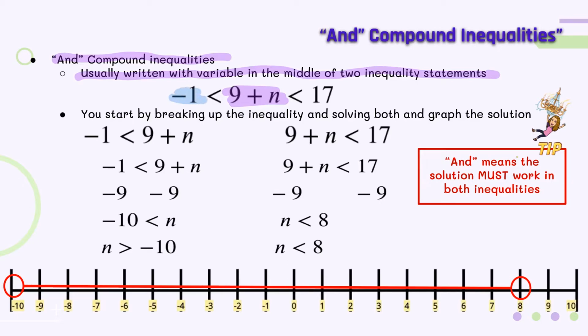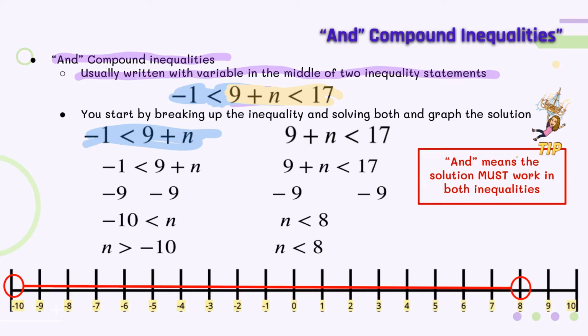On this side, we have this inequality, and we write it like this. Then we solve it, and we get n is greater than -10. And then on this side, we have this inequality, and we solve it, and we get n is less than 8.